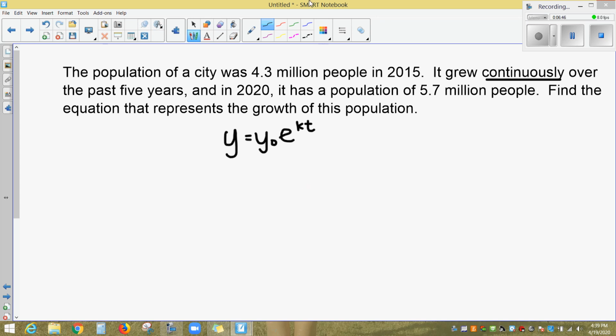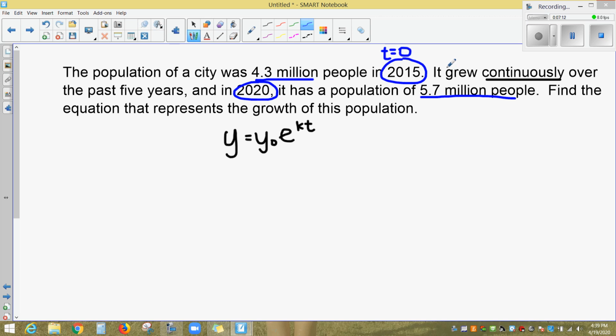So if we start looking at some of the key values that we have, the 4.3 million, we have the 5.7 million, and we have these 2 times. When they give us a starting amount, a starting time period, the 2015 is going to represent t equals 0 for us.